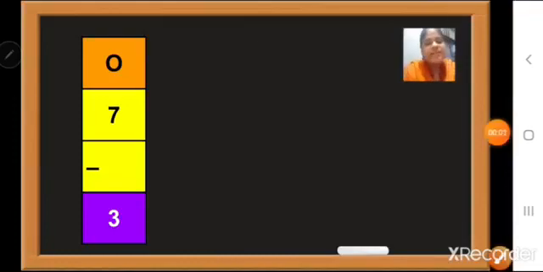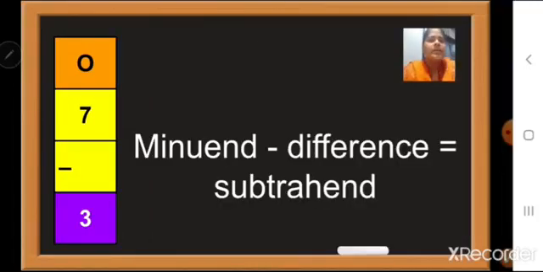In this case, where we have to find the subtrahend, we have to subtract the minuend and the difference. That is, minuend minus difference is equal to subtrahend. Always remember this. Minuend minus difference is equal to subtrahend.